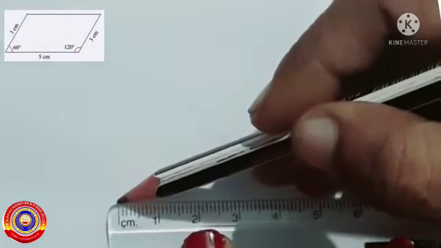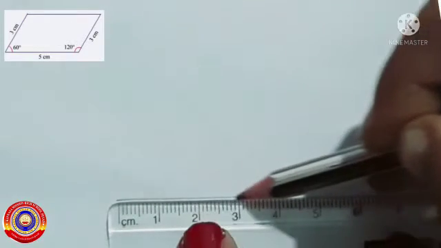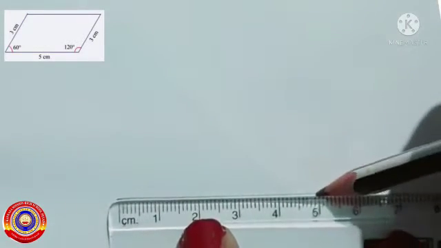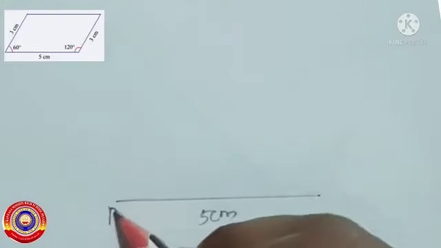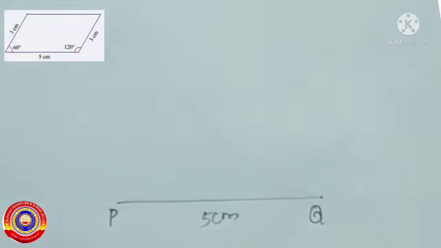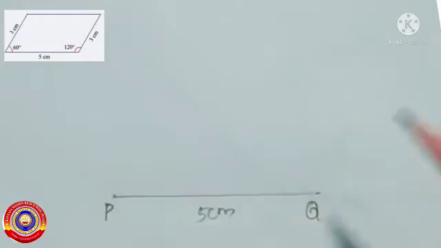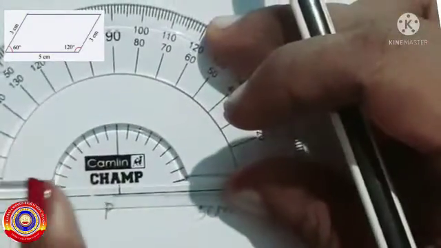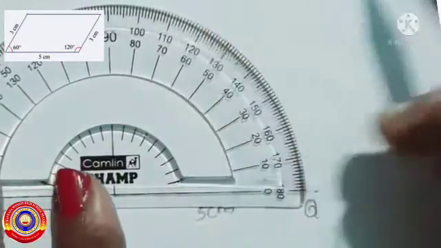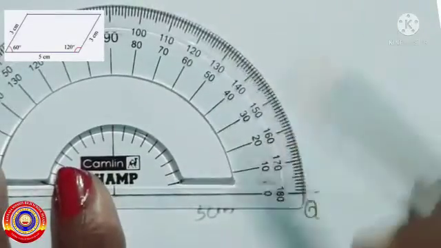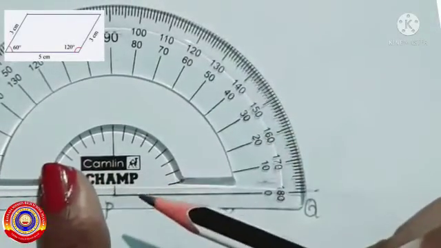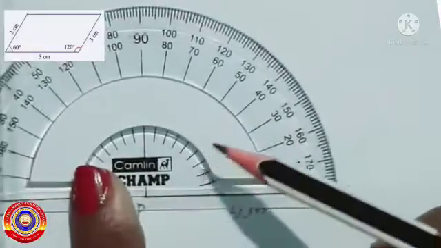Draw a line segment of length 5 cm and mark points P and Q in it. Now, we have to draw an angle of measure 60 degrees from the point P. For that, place the protractor on the point P such that the base line is on the line segment PQ.